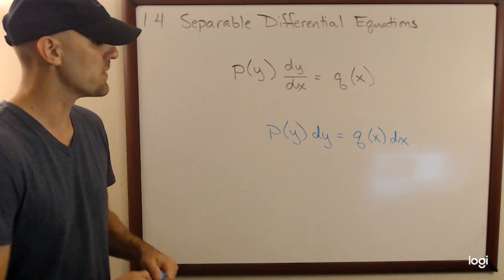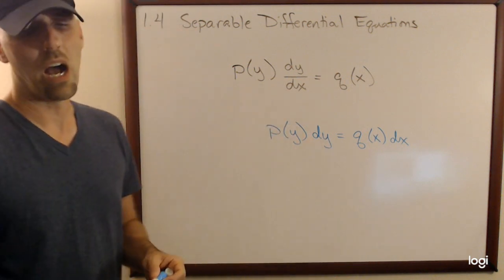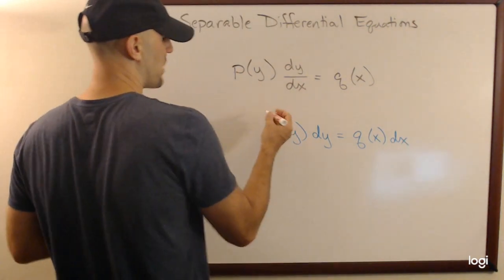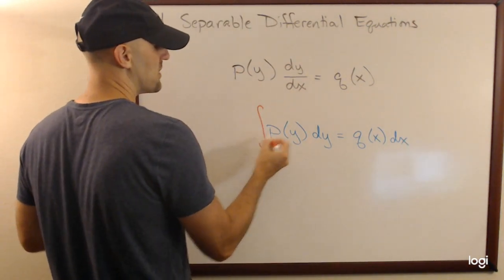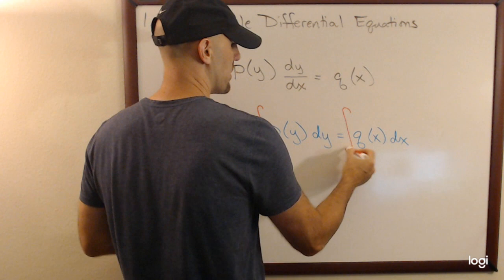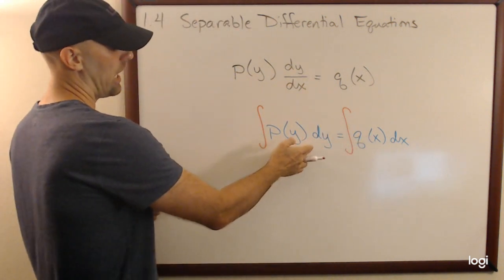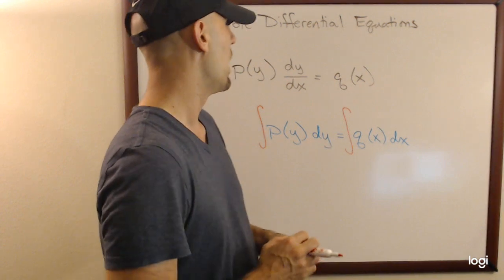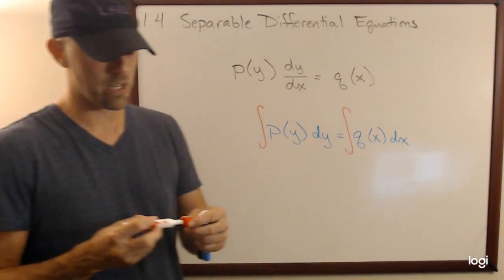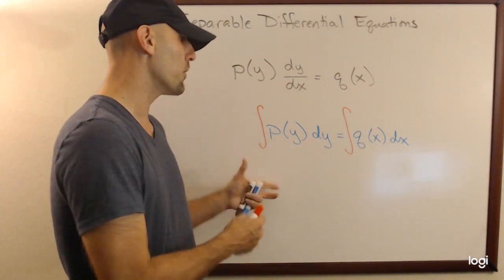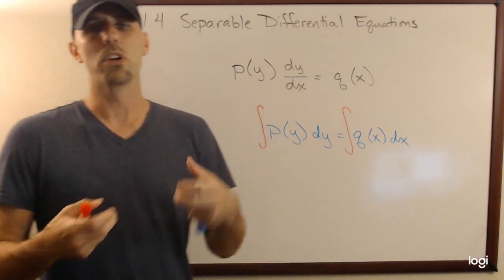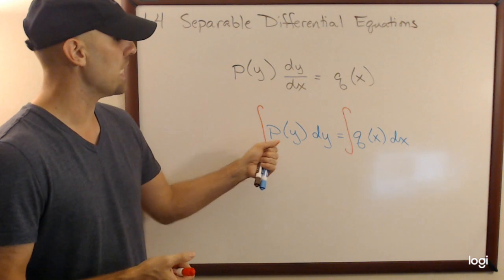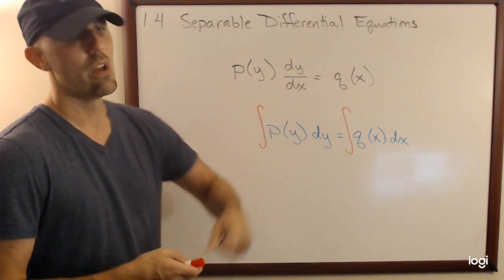I want this, because if I can get it in this form, then doing something just as simple as integrating both sides actually makes sense, right? At this point in time, I'll be integrating a function in y with respect to y. I'll be integrating a function in x with respect to x. And at that point in time, hopefully the result of these integrations will give me a general solution for my differential equation.